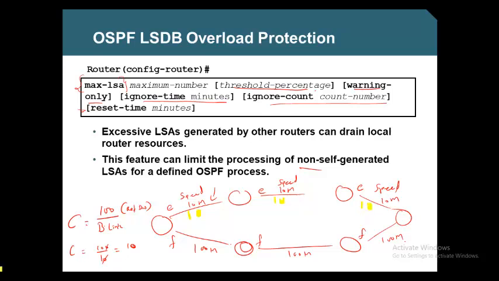Now let us do it for the lower path. Cost is equal to 100 by 100, isn't it? You have 100 here. What is the answer?